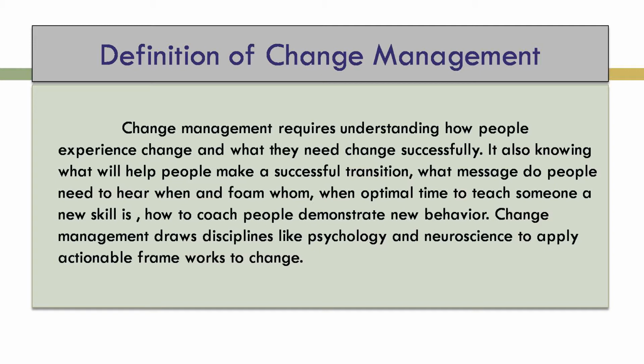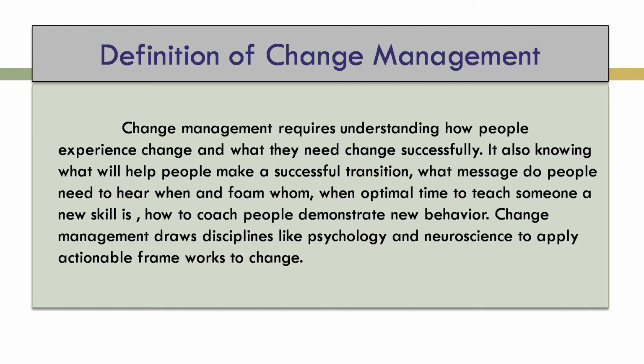They need to know what message people need to hear, when and from whom they can get it, the optimal time to teach new skills to employees, and how to coach people about new skills. These are the things employees and company management have to understand for successful change management.